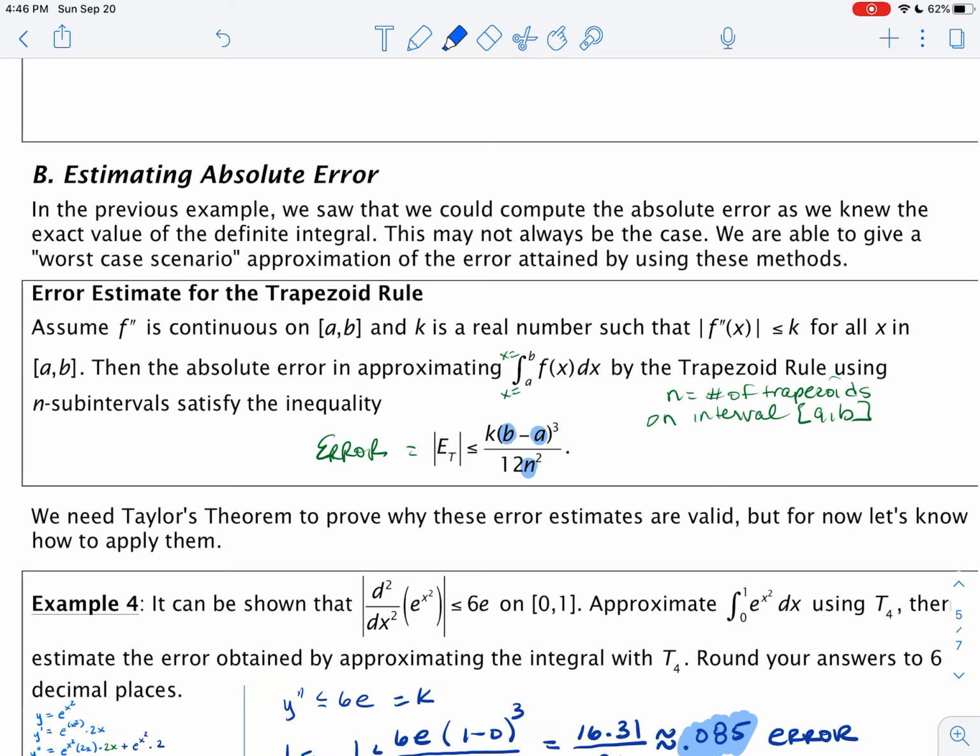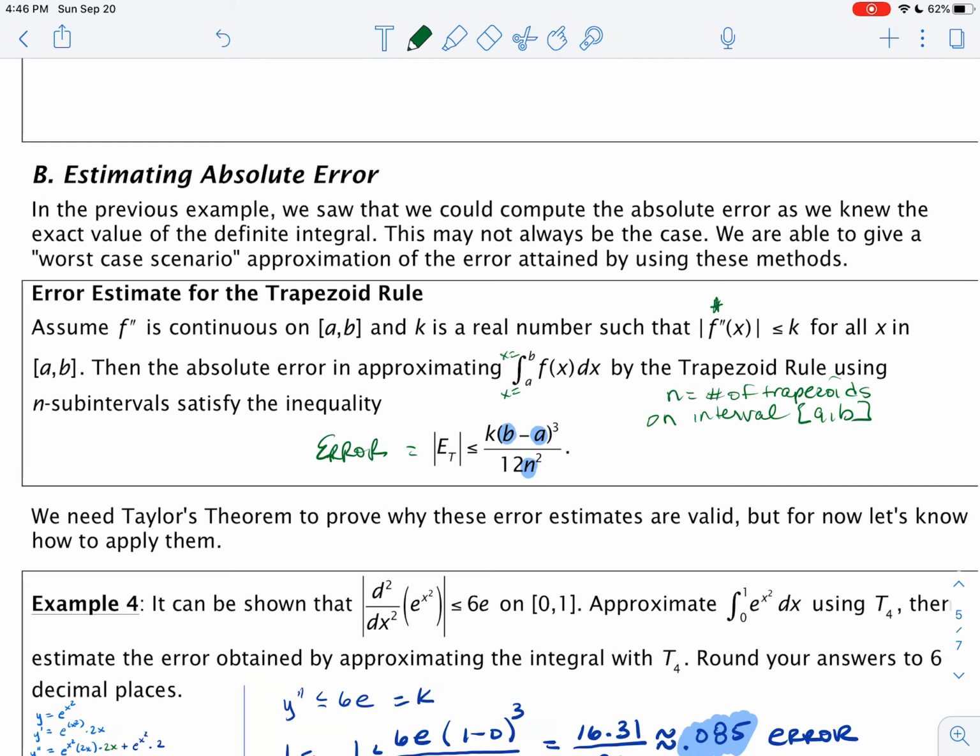I encourage people to review the extreme value theorem and those techniques, because we can always use that on the second derivative to find our K. We can take the third derivative of our function, find the critical points where that third derivative is equal to 0, go back to the second derivative's formula and evaluate at a, evaluate at b, and evaluate at all of the critical points.